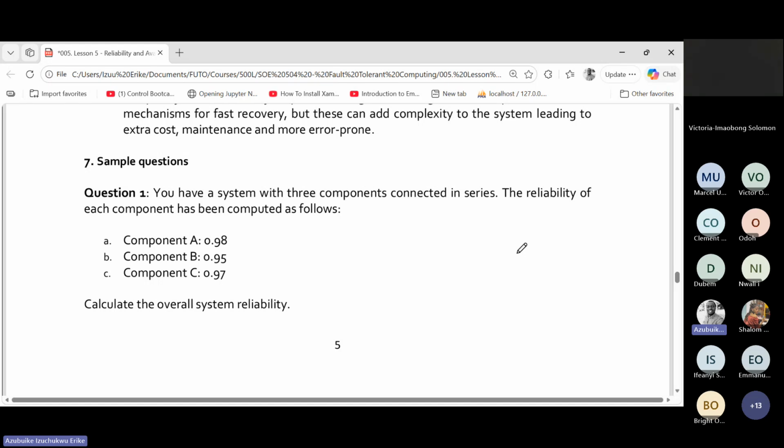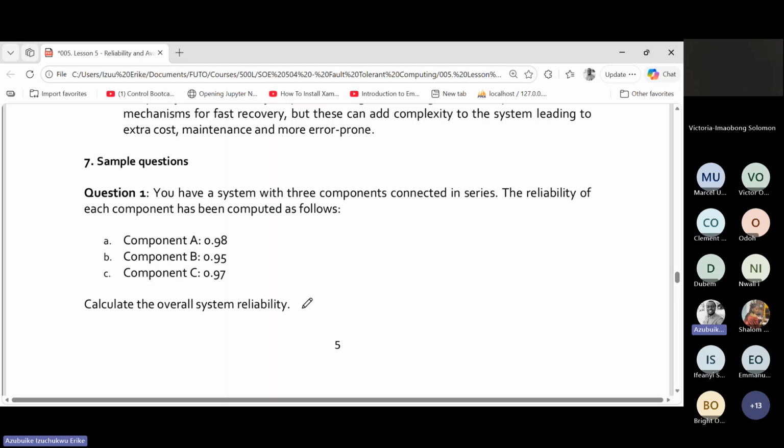Question 1 says you have a system with 3 components that are connected in series. The reliability of each component has been computed as follows. And the question is, calculate the overall reliability.